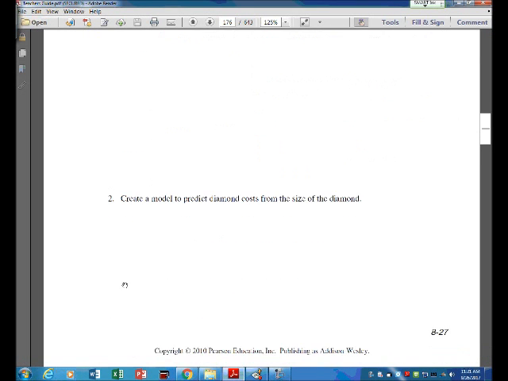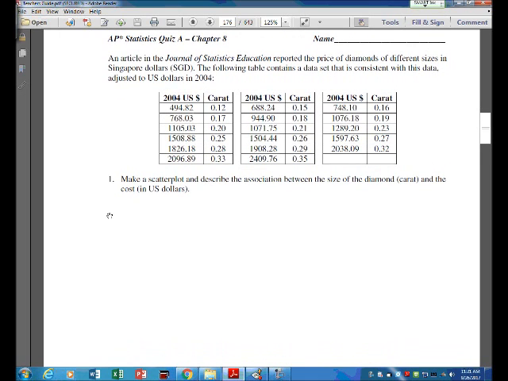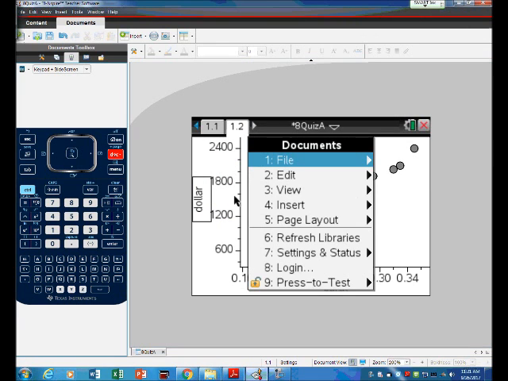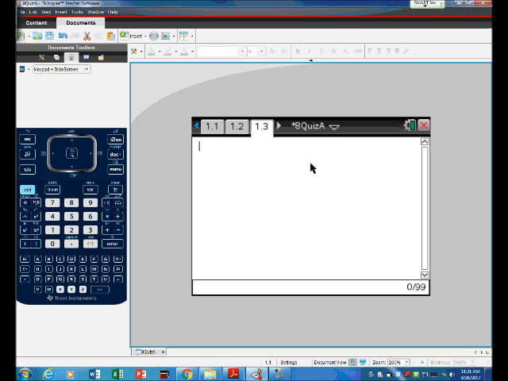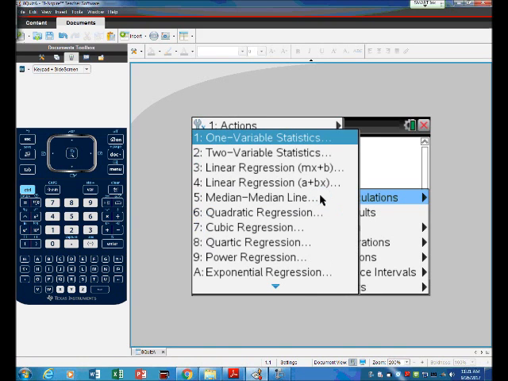So create a model, that's the linear regression model based on this data. I'm going to insert a new calculator page, so Doc, Insert, Calculator page, and this is where I'm going to make my model. So I hit Menu, Stats, Stat Calculations, and like we did on the previous example, I'm going to go to linear regression, because that's the model we're looking at.